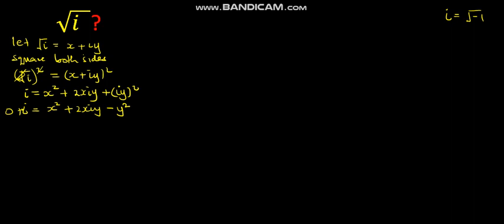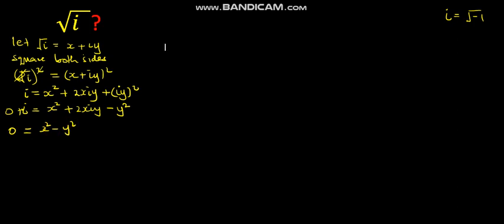Well, okay. Now we are going to equate the real parts on the left hand side to the real parts on the right hand side, as well as the imaginary parts on the left hand side to the imaginary parts on the right hand side. So on the left hand side we have 0 as our real part, which is equal to x squared minus y squared.